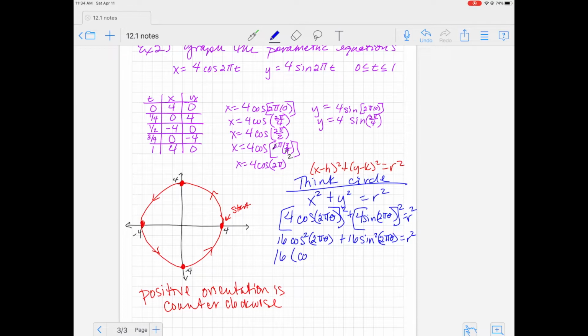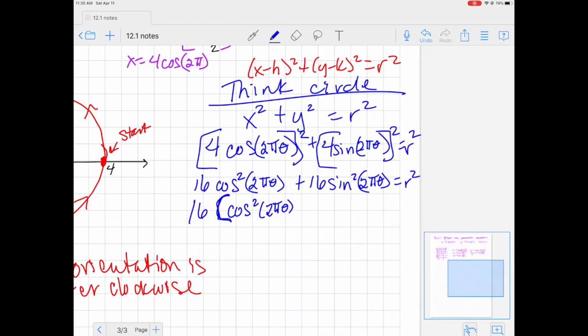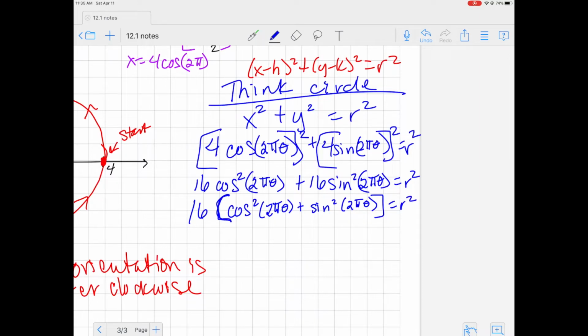Good. 16 times the bracket of cosine squared of 2 pi theta plus sine squared of 2 pi theta. Now what are you seeing? Maybe you saw it on the last step too, right? Cosine squared plus sine squared. What is that? 1, baby. This is your Pythagorean identity making that 1. So I really have 16 here is equal to r squared. So r is 4.